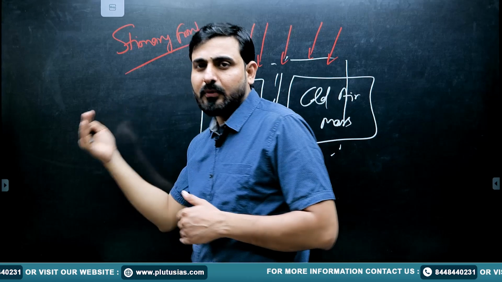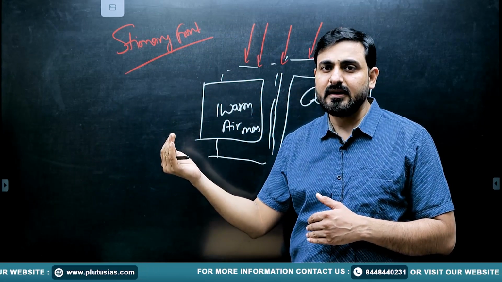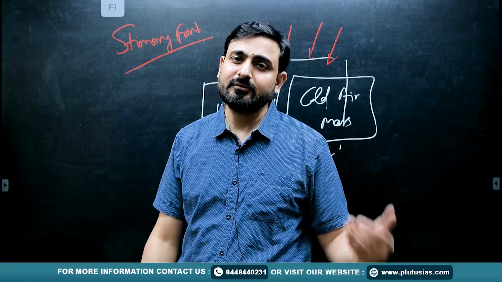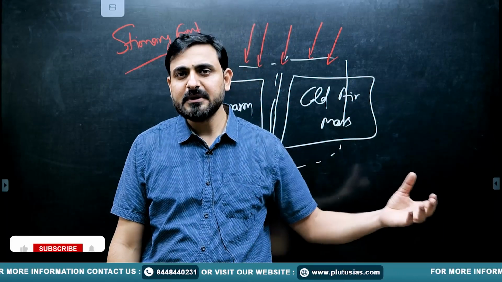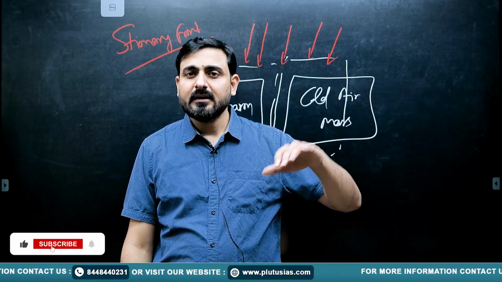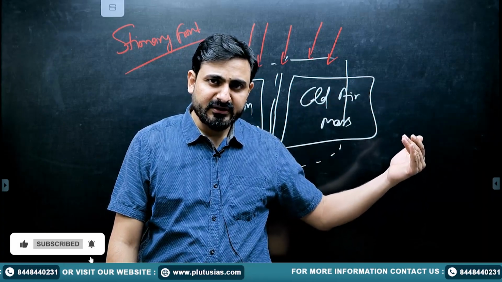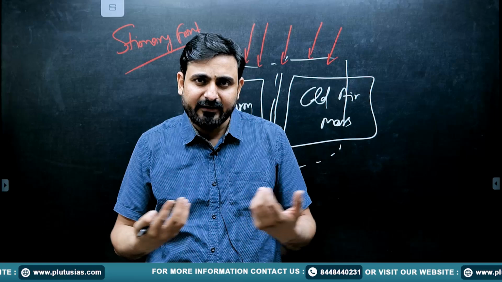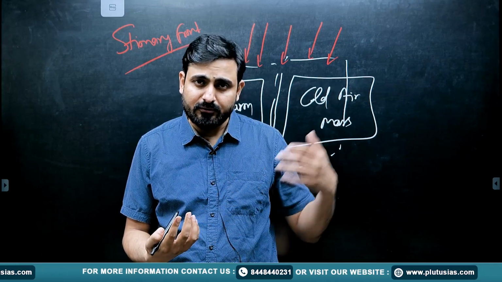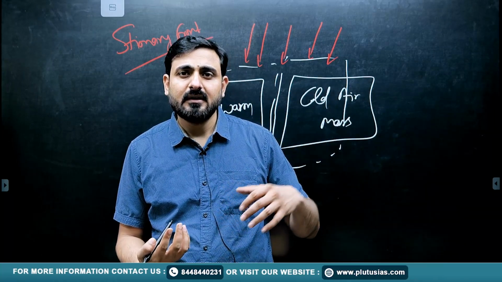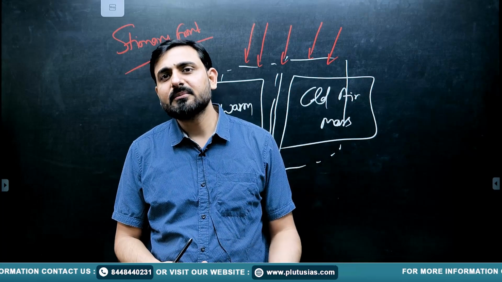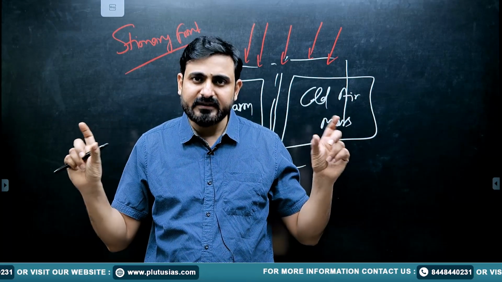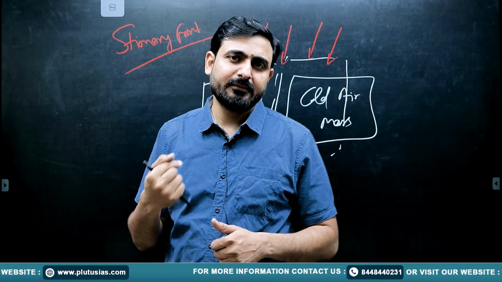But gradually, over a long period of time, either the warm air mass is transformed into a cold air mass by reduction in temperature or acquisition of the characteristics of the cold air mass, or the cold air mass may be transformed into the warm air mass.